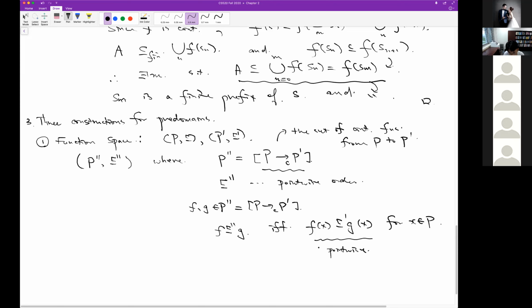And perhaps, if you have learned about linear algebra or other things before, this kind of thing happens a lot. You just use what's available for the output, like the less than or equal order for the output, and then you use it to define something for the functions. For instance, if you take all the linear functions and want to construct a vector space out of them, you just use the plus operation of the output.